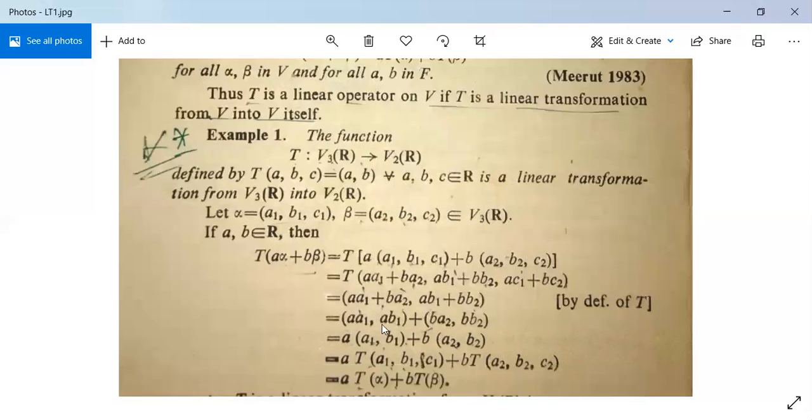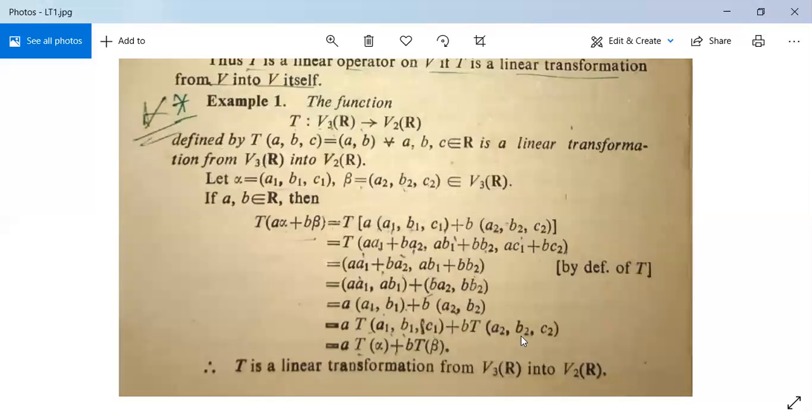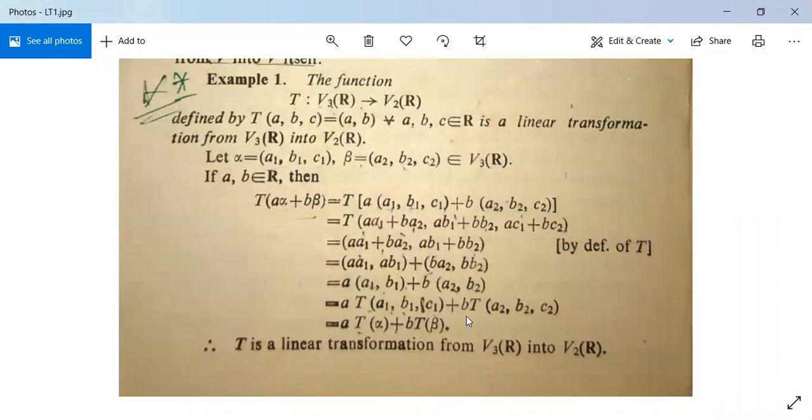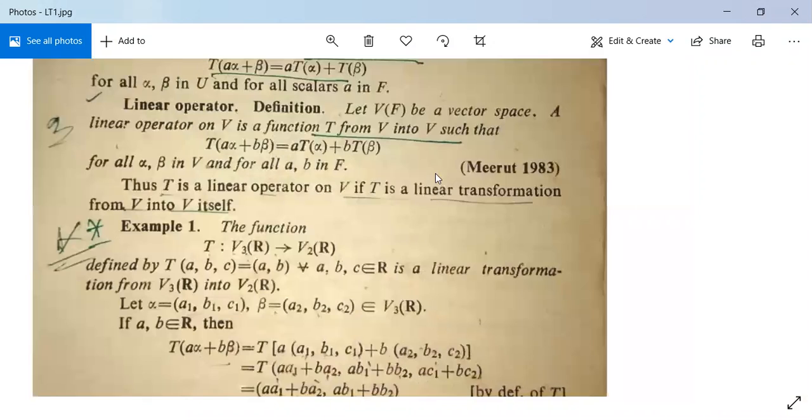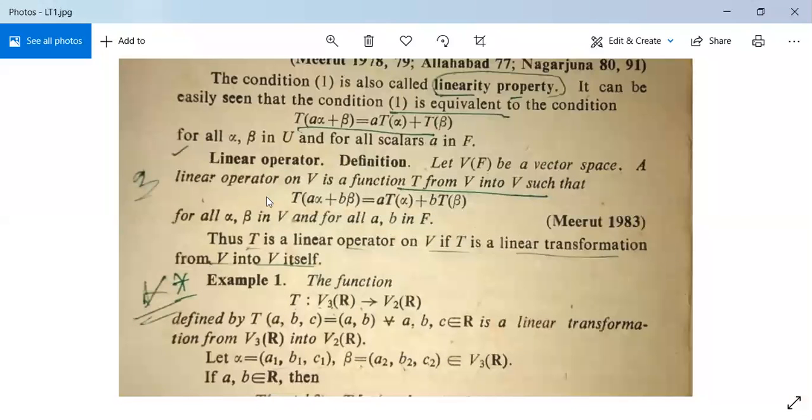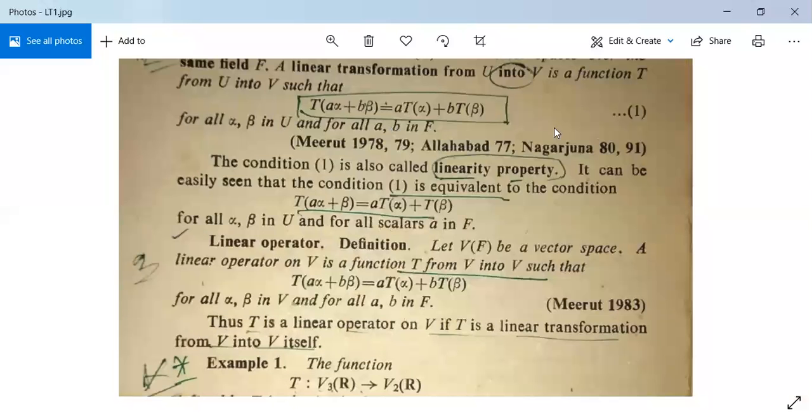It means a T(a1, b1, c1) + b T(a2, b2, c2). So it is aT(α) + bT(β). Therefore, this T is a linear transformation from V3(R) into V2(R). It is proved. We just need to check whether this condition is fulfilled or not. If this condition is fulfilled, then the function T from U into V will be a linear transformation.